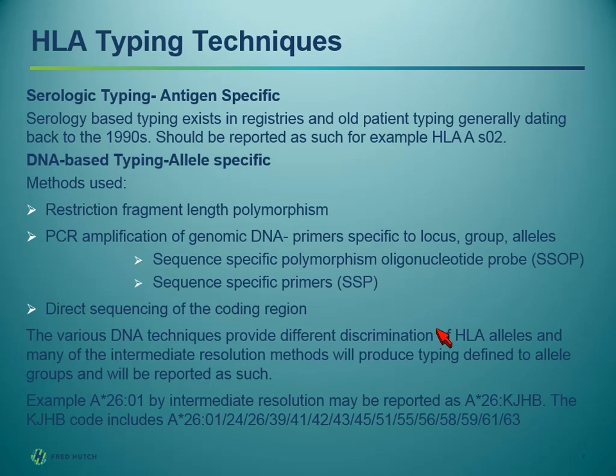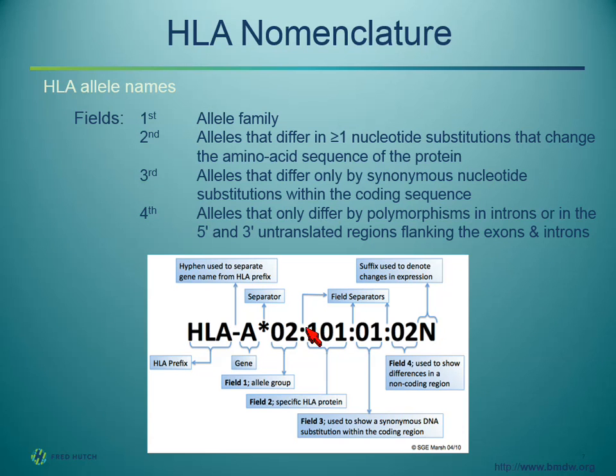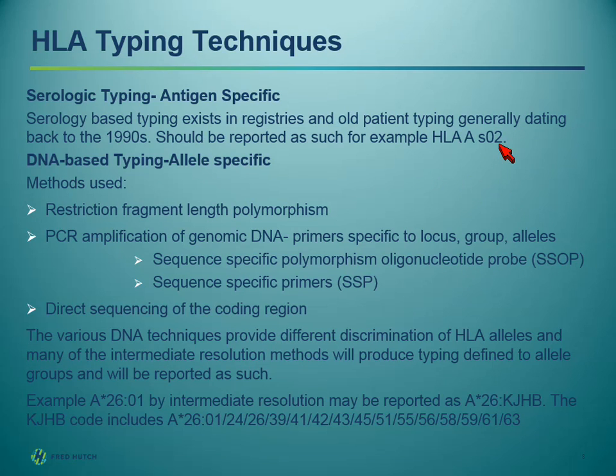We have a bunch of techniques, and when you're looking at old typing data and registry reports, you're going to see a large spectrum of results. You have to look at those with a critical eye and know what techniques were used to generate those typing reports. Old data will not have this asterisk, so if you see an asterisk, you know it's been done with a DNA technique. Old data will have an S, which says that it's serologic typing.